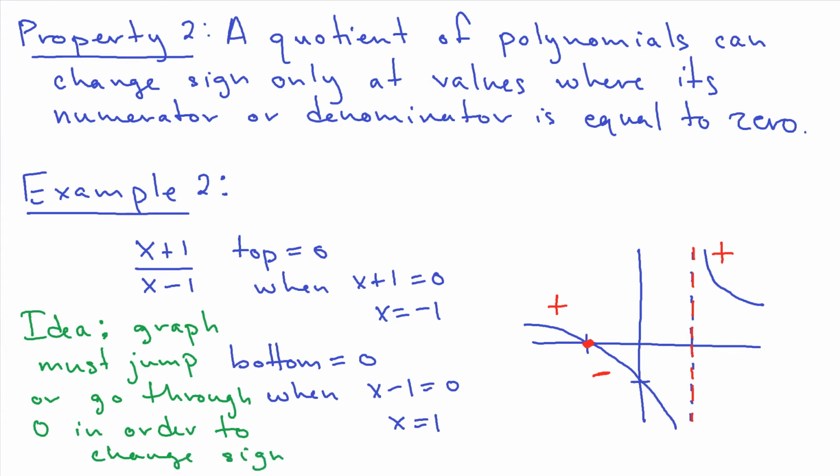So we can see in this picture at x equals minus 1, where the graph is equal to 0, we have a change of sign. And then at x equals 1, where the graph has a jump, our graph can change sign as well. So that is the idea behind these two properties.